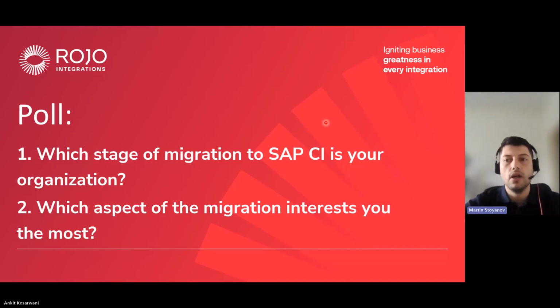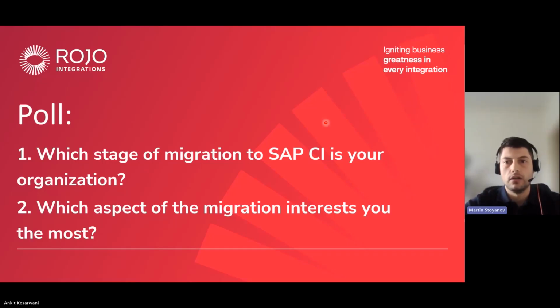This would help us to tailor partially the webinar towards what is most interesting for the audience here. So you can see that the first poll is now live. Feel free to leave your answers.